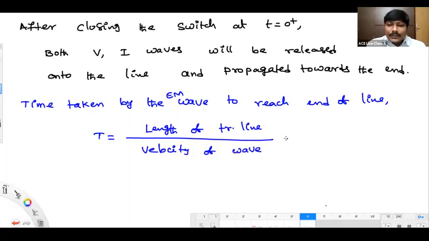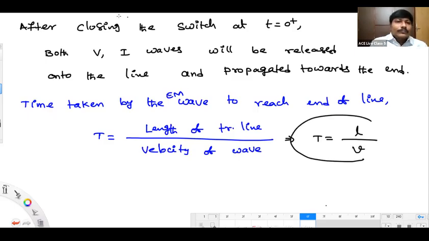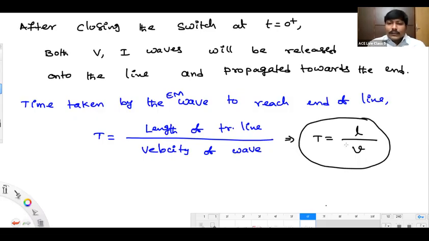So T equals L by V. The velocity of the wave we already studied: it is 1 by root LC meters per second.